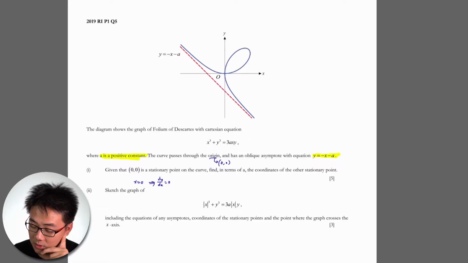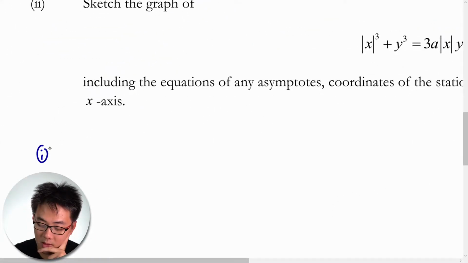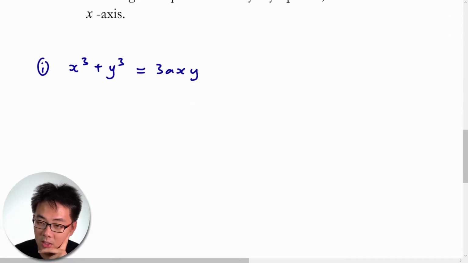I'm just going to copy down the equation, which is x cubed plus y cubed equals 3axy. We're just going to do implicit differentiation. Differentiate with respect to x.